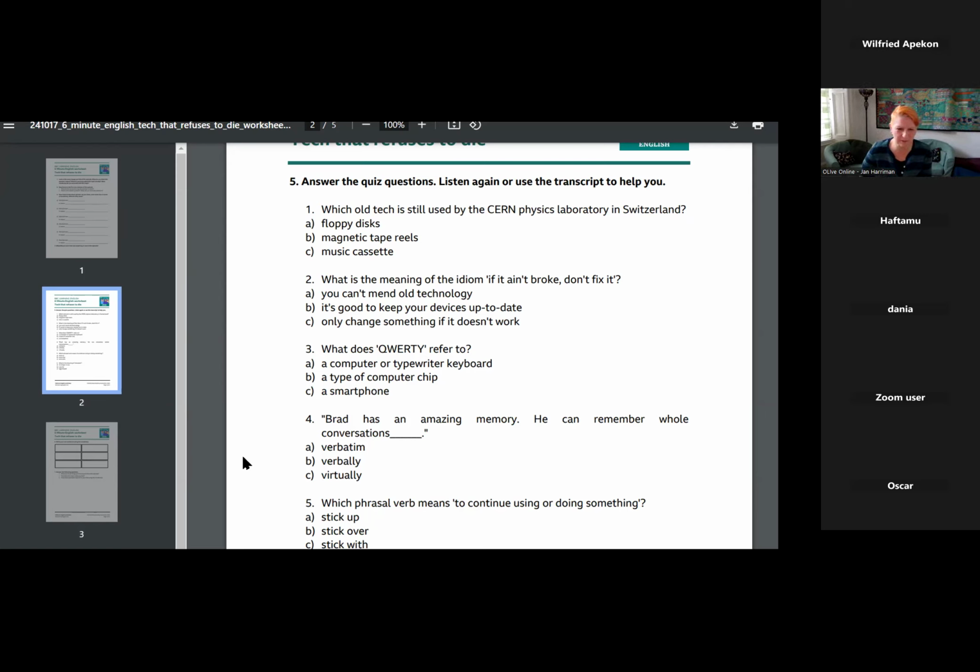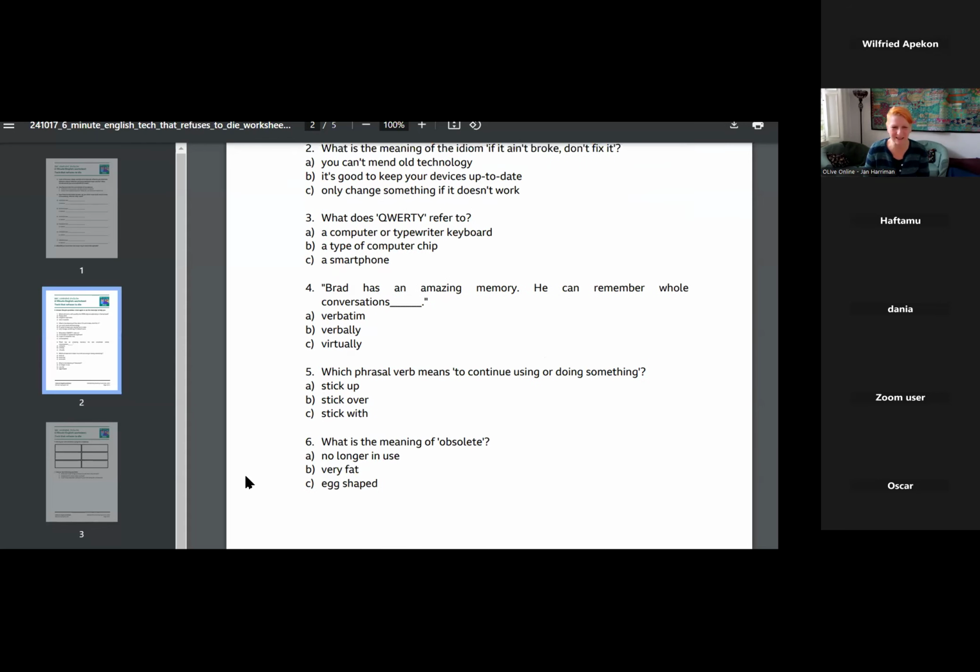And which phrasal verb means to continue using or doing something? Which of these two phrasal verbs? Three. Yeah. Awesome. Hey, you guys are champs. Okay, last one. What's the meaning of obsolete? What does it mean? What is obsolete? There you go.